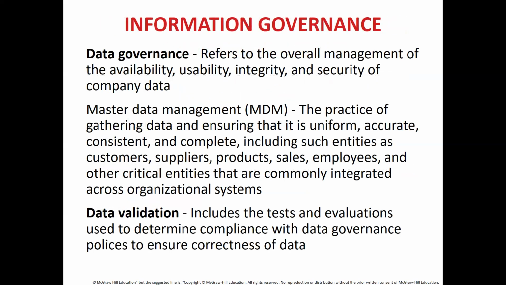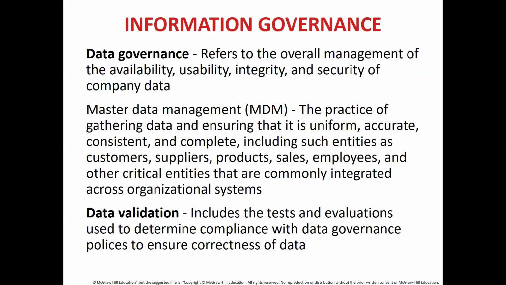Data governance refers to the overall management of the availability, usability, integrity, and security of company data. If you want to easily remember what data governance is, just consider the word government. What does the government do? It manages the overall country. Likewise, data governance is a procedure that overall manages a company's data.